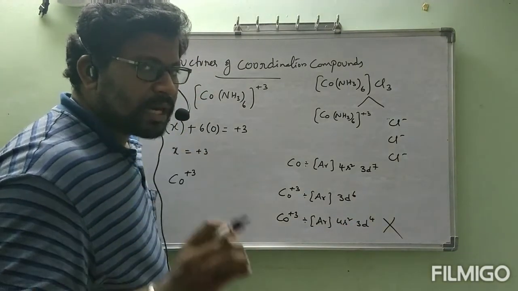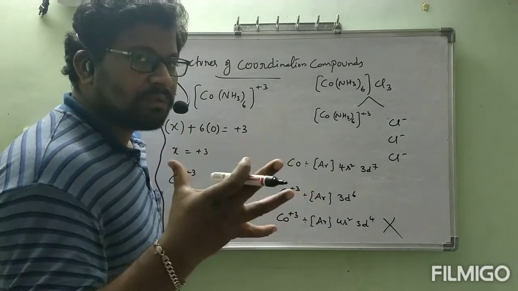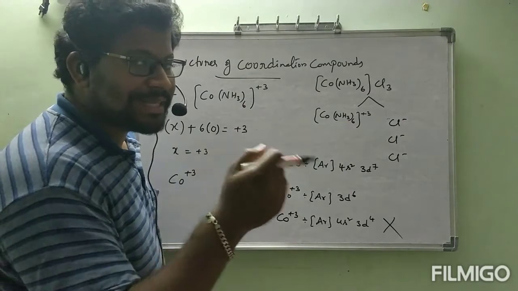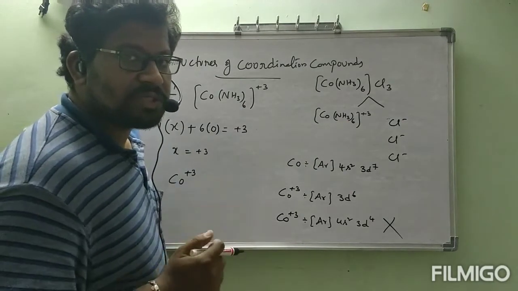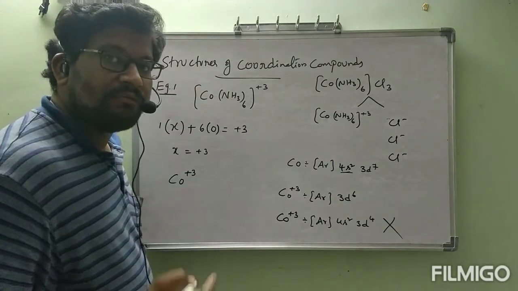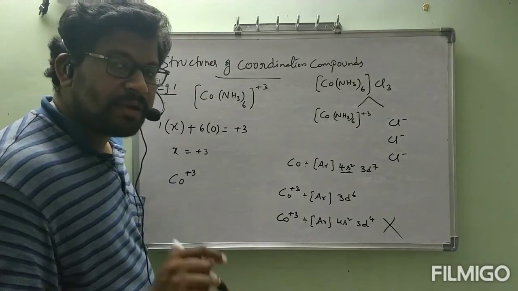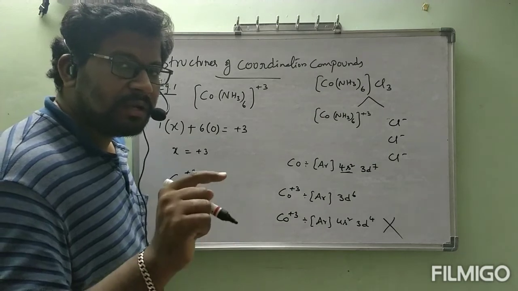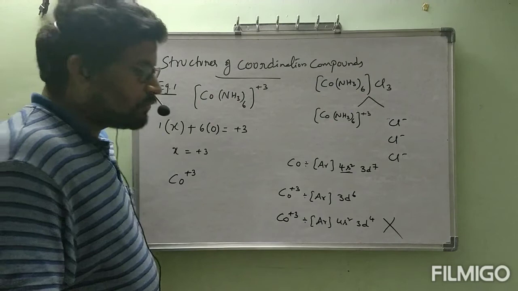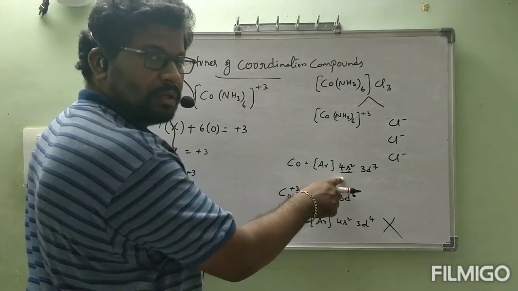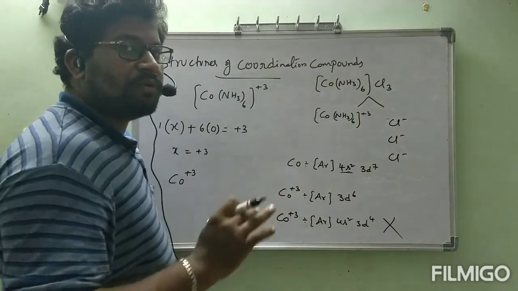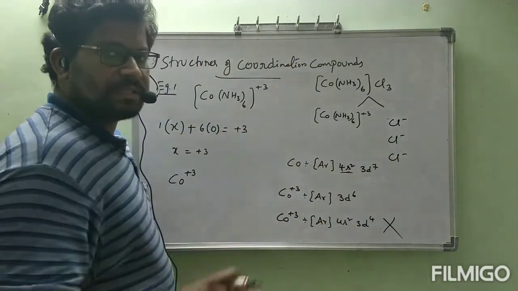If you want to remove electrons, we have to supply energy. First that energy is going to touch the outermost shell. It will not touch the inner shell. Which is the outermost shell? 4s. So first electrons will be removed from 4s. 2 electrons are removed, but we have to remove 3 electrons, so after the removal of the 4s2 electrons, energy will touch 3d also.